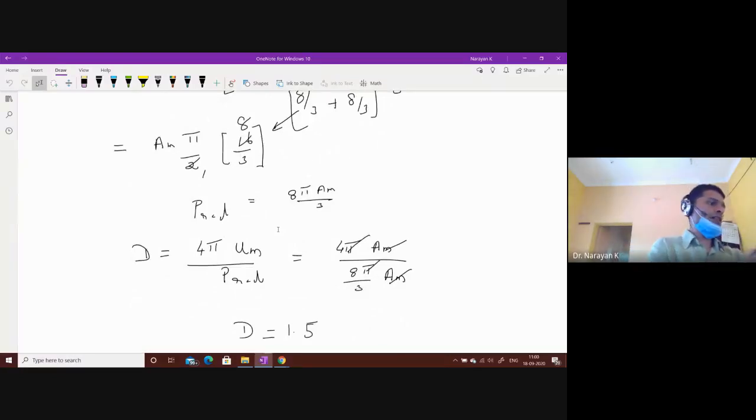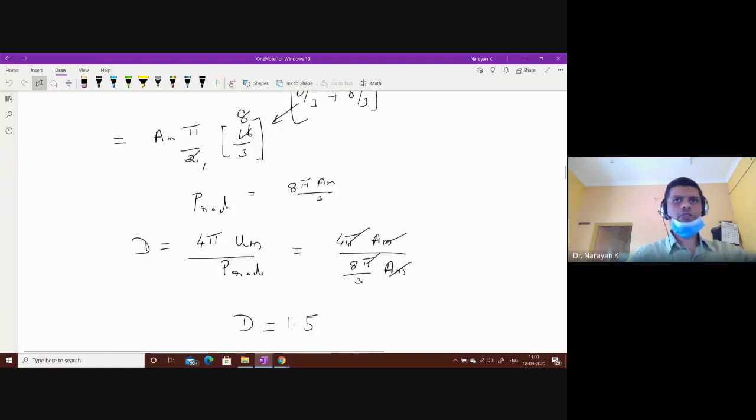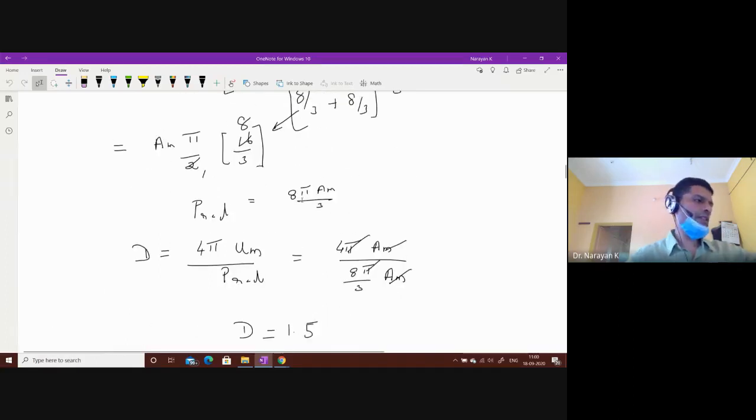Okay, so you get the power radiated. This power radiated, you will end up getting as 8 pi by 3 into Am.